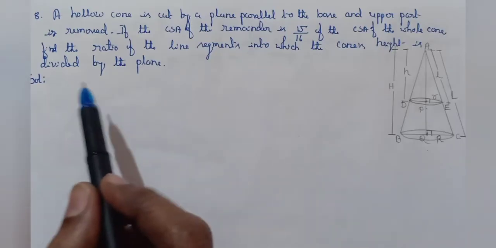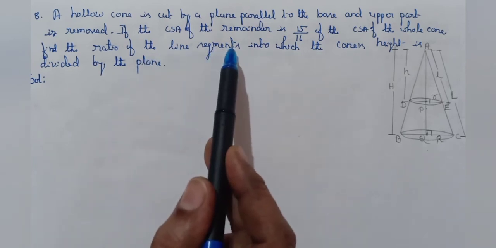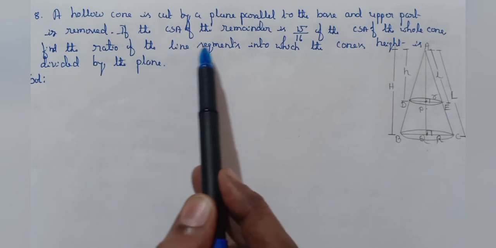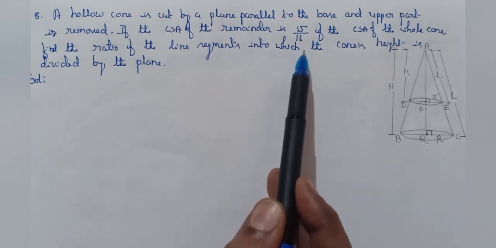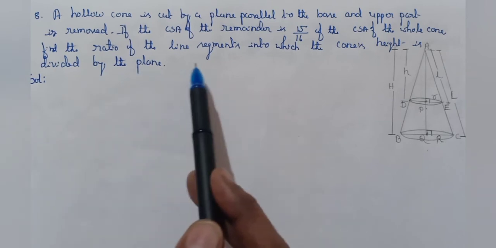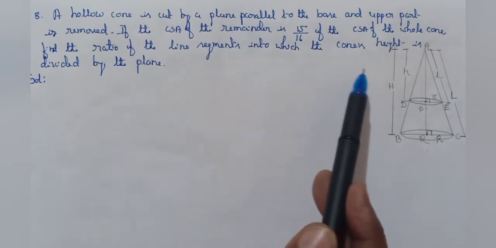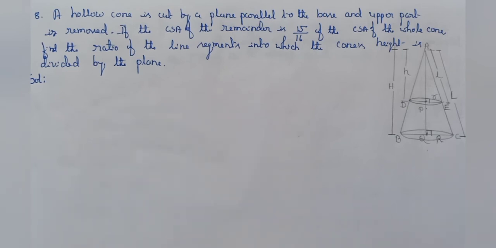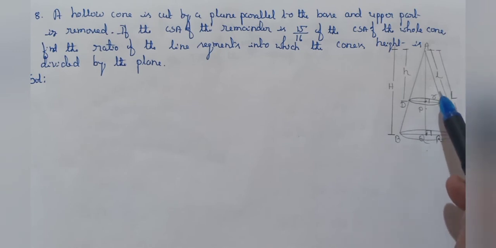Next question. A hollow cone is cut by a plane parallel to the base and the upper part is removed. If the CSA of the remainder is 15 by 16th of the CSA of the whole cone, find the ratio of the line segments into which the cone's height is divided by the plane. Here, the cone ABC is divided by the plane DE into two parts.